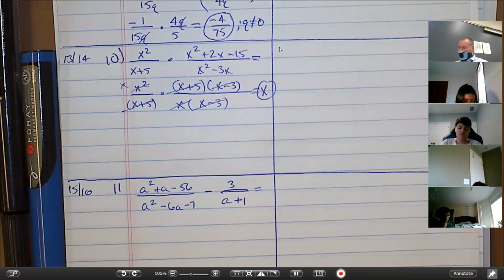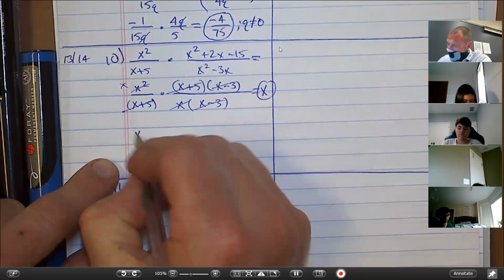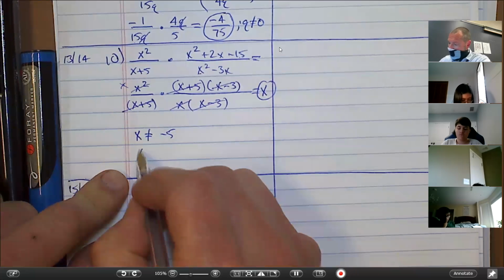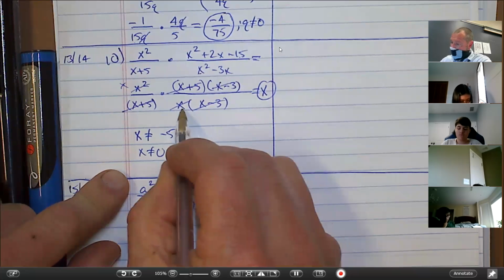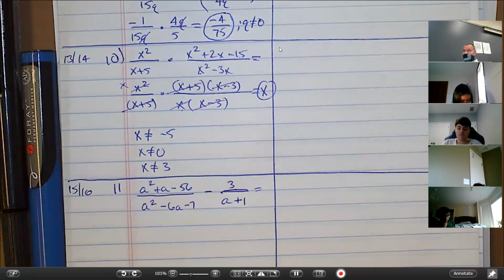Now I do have some restrictions because of all these denominators. So x cannot equal negative 5, x cannot equal 0, and x cannot equal 3. Doesn't matter what order you put those restrictions in. I just put them in the order I came to them, but you could go in any order you wanted.